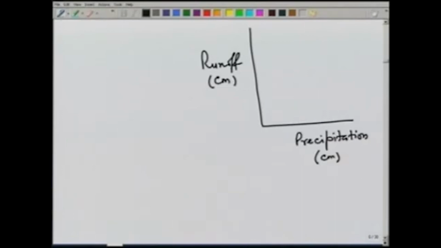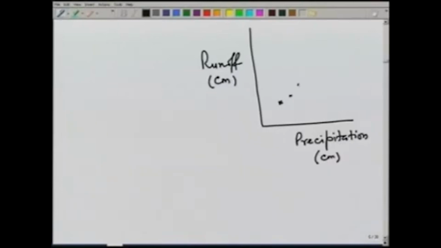So, let us say that the runoff also has units of centimeter. Now, if you have data for, let us say, yearly amount of precipitation in a catchment and the yearly runoff, we can plot it on the curve, and for a number of years, if you plot the data, it is seen that there is a definite trend.